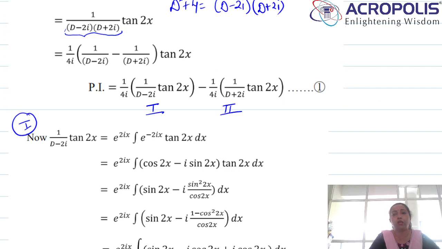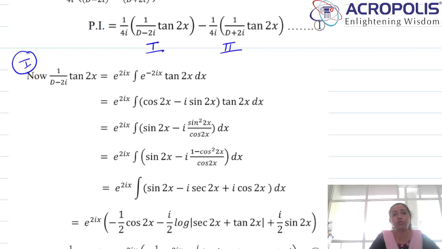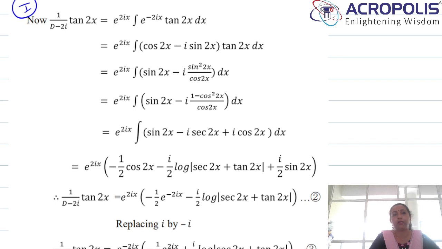Now we will solve the first part of the particular integral, which is given by 1 upon D minus 2i dot tan 2x. This is equal to e to the power 2ix integration of e to the power minus 2ix tan 2x dx by the formula of the general method.